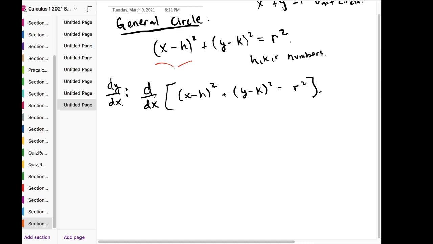Right, this is a chain rule. I have x minus h as one function, and I have x squared as another function. So I have 2 times x minus h, and then times 1. Good. Okay, what's the derivative of this one?